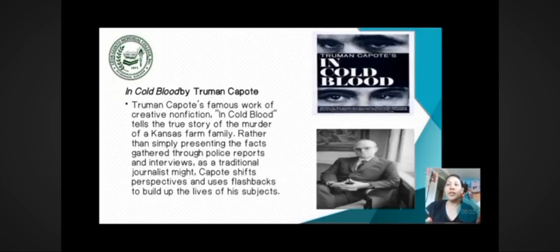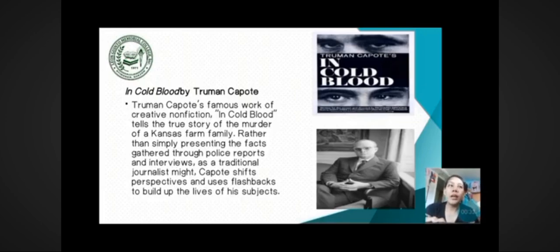The other one is In Cold Blood by Truman Capote. Truman Capote's famous work of creative nonfiction, In Cold Blood, tells the true story of the murder of a Kansas farm family. Rather than simply presenting the facts gathered through police reports and interviews as a traditional journalist might, Capote shifts perspective and uses flashbacks to build up the lives of his subjects.